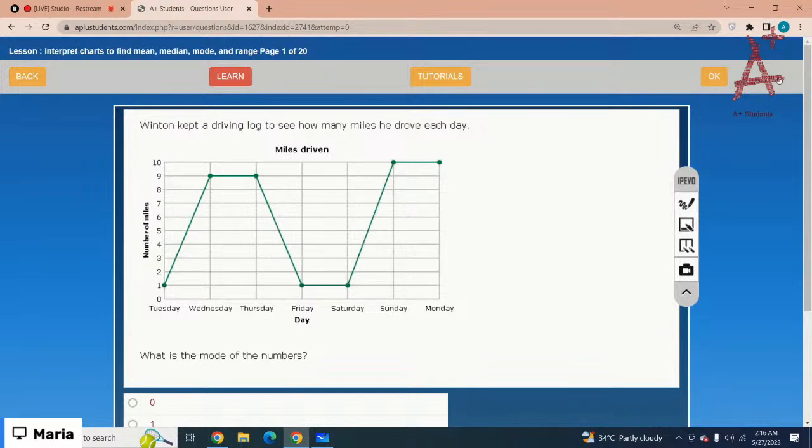The mode of the data, that's the same we just did on the board. So here the mode of the data is 1. Very good. The correct option is 1.